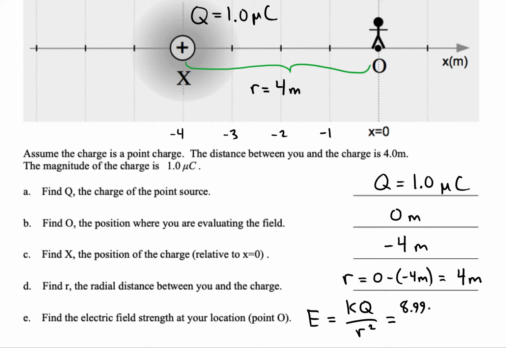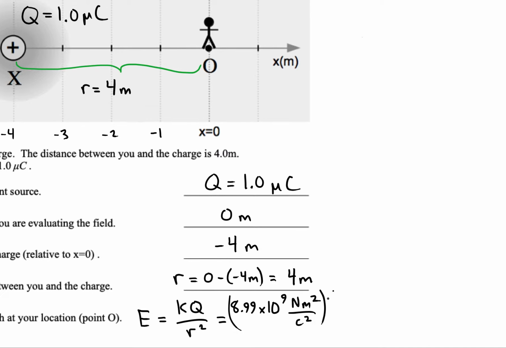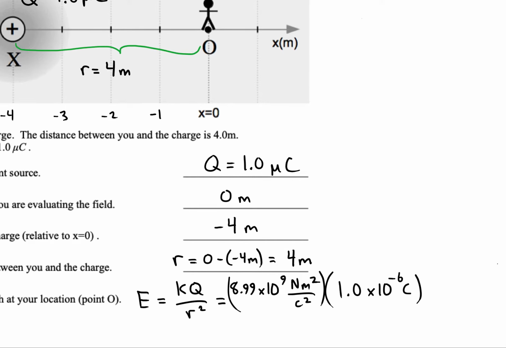So we'll do 8.99 times 10 to the 9 newton meters squared per coulomb squared, we'll multiply by our magnitude of charge. Okay. And then we'll divide by 4 meters squared.